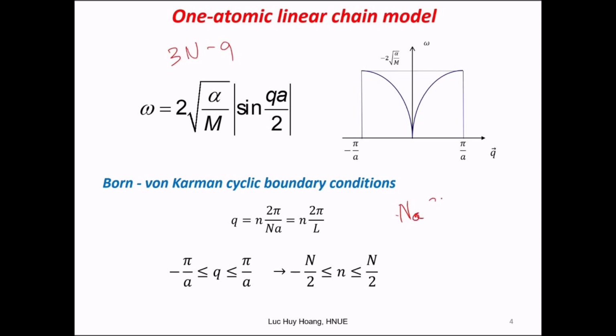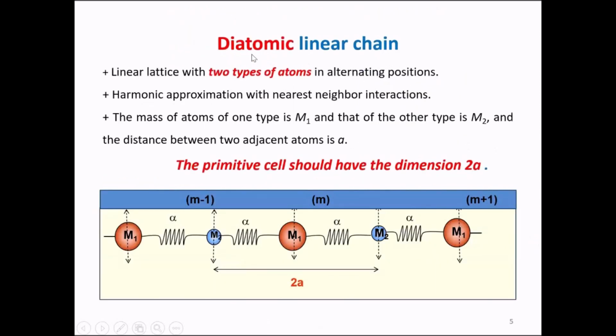Sodium chloride will have sodium and chlorine, right? So the one atomic problem cannot apply to this system. At least we have two atoms. So in order to solve a slightly more complicated problem, we study the diatomic linear chain. Now we can go faster because you can imagine the problem, right?